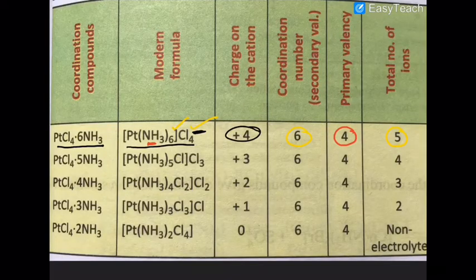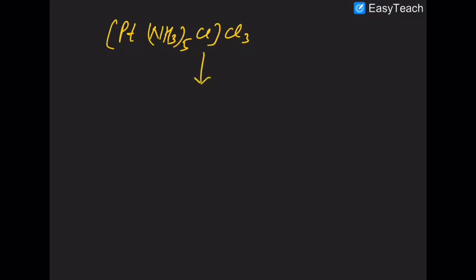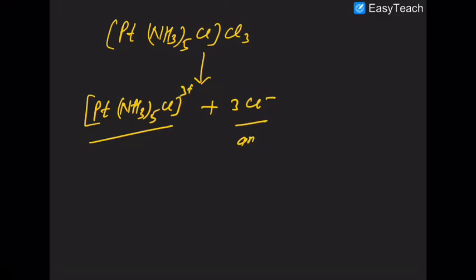Similarly, in this case you have 4 ions. 3 are outside the sphere, that is primary valencies, and 1 is the complex. So here also, charge on the metal ion is charge on the cation. Now if this is dissociated, this is cation, this is anion.